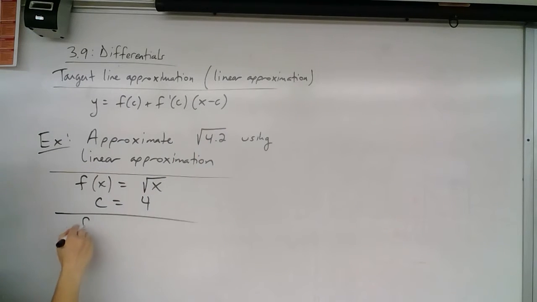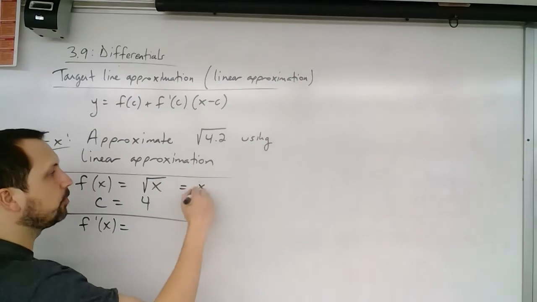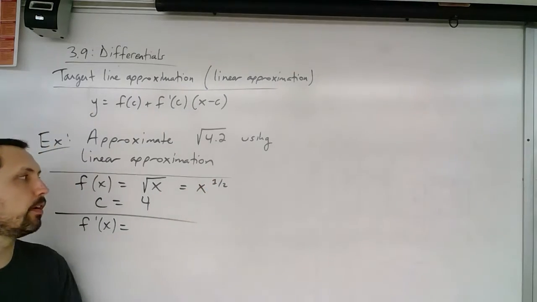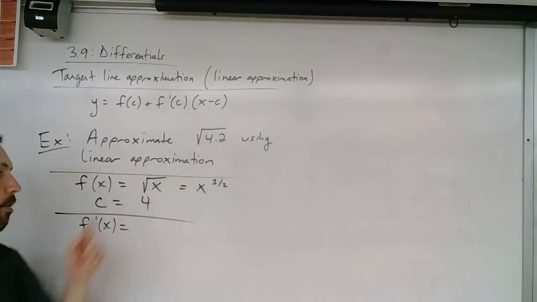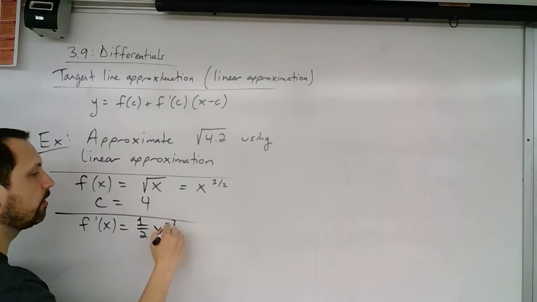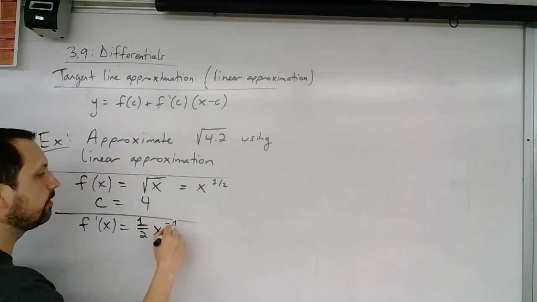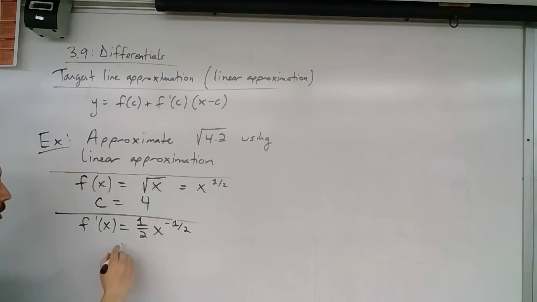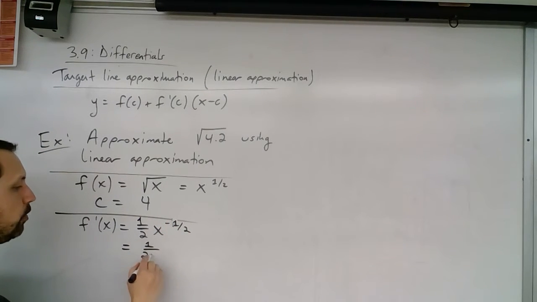So if we know the derivative, well, remember, if you wanted to rewrite this, you could write this as x to the 1/2 power. Take the derivative by using the power rule. So you bring down the power of 1/2, and you subtract 1 from the power, and you have negative 1/2. Or you could see this as 1 over 2 times the square root of x.